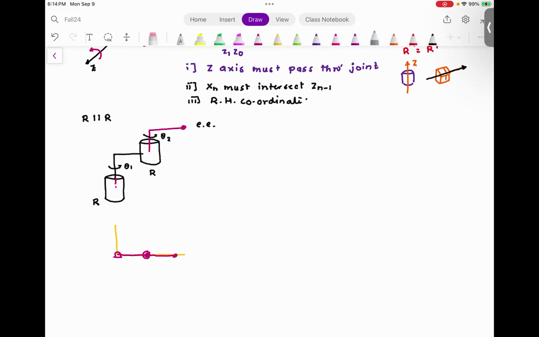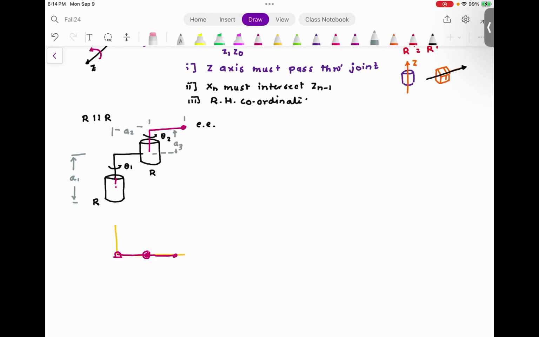And I'm going to give you some dimensions. This dimension does not change. It's fixed. So this dimension is A1. This dimension is A2. I'm going to call this dimension A3.